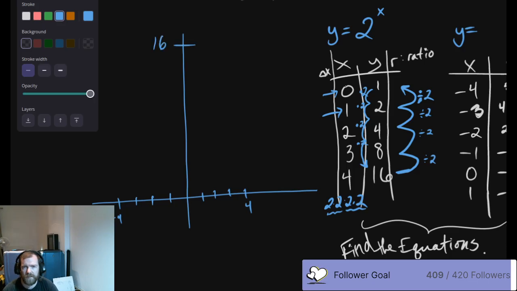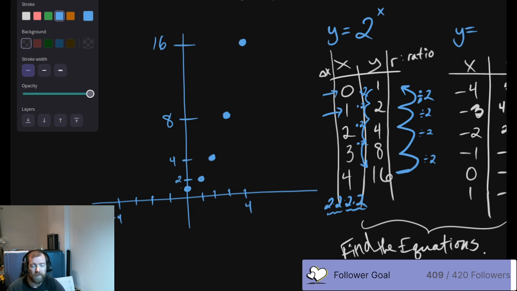Alright, let's make that 16, which means that halfway is going to be 8, halfway of that's going to be 4, and halfway of that's going to be 2, and halfway of that's going to be 1. Okay, we've got 0, 1; 1, 2; 2, 4; 3, 8; and 4, 16.